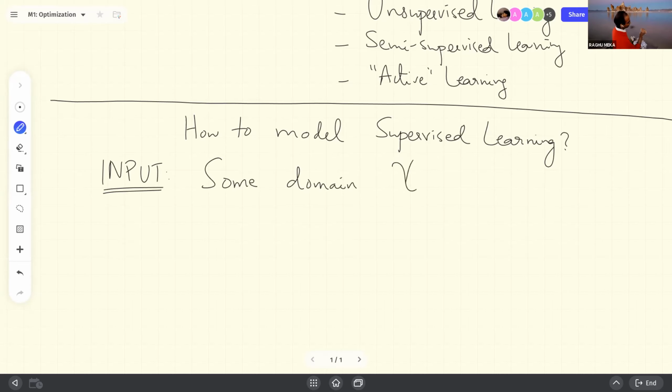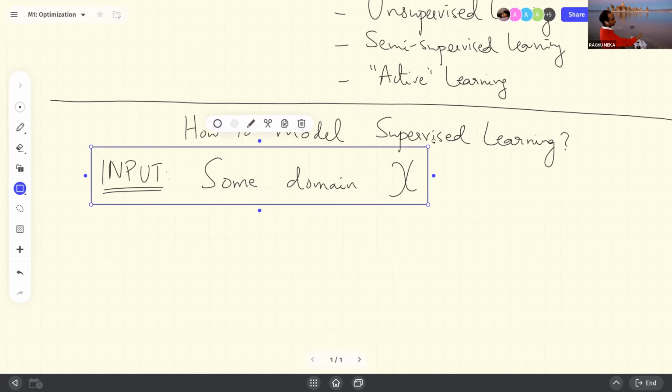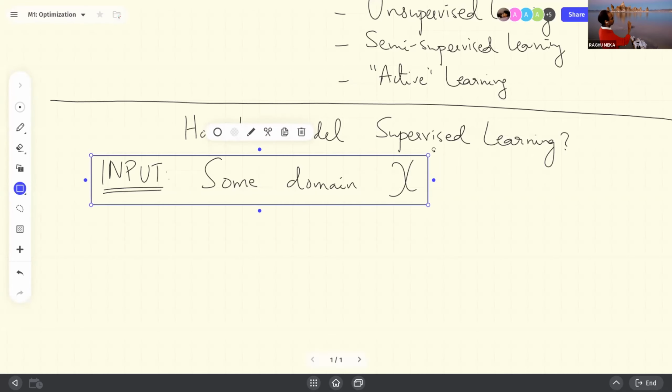When I can, I'll try to denote it with this calligraphic X. The domain is very arbitrary, right? It can be pretty much anything. And the input is elements from some domain, right?